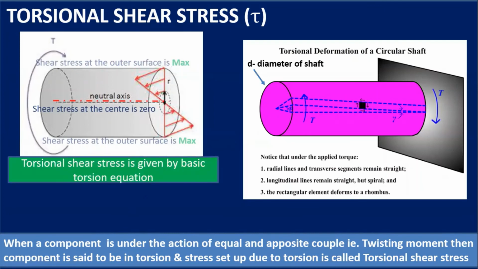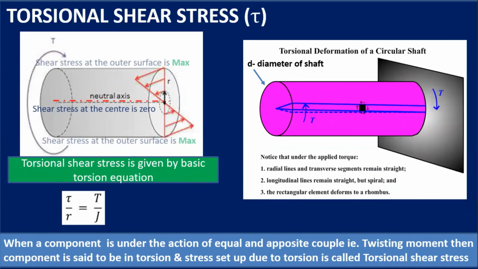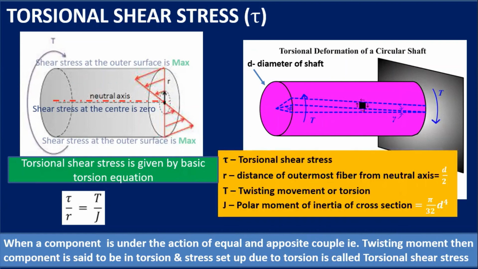So torsional shear stress is given by the basic torsional equation, that is tau upon R is equal to T by J, where tau is the torsional shear stress, R is the distance of the outermost fiber from the neutral axis, which is equal to d by 2, as d is the diameter of the shaft.